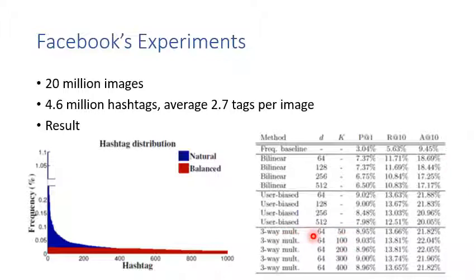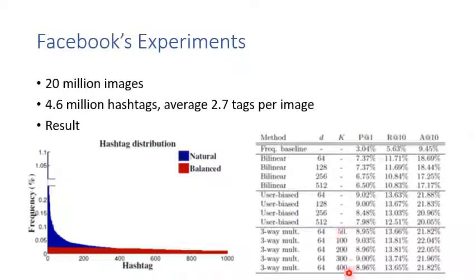Because 64 generates better results, they fix the embedding hashtag dimension to 64 and try different low rank approximations of their image user outer product matrix. So you can use a matrix of dimension from 50 to 400 to approximate the image user matrix.